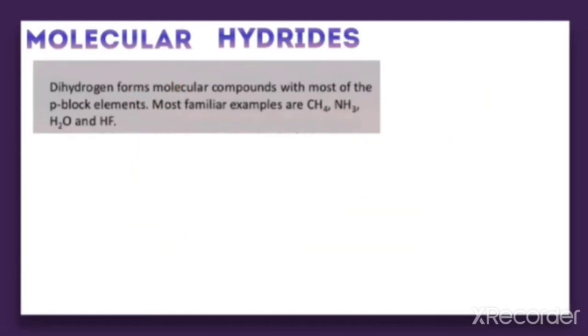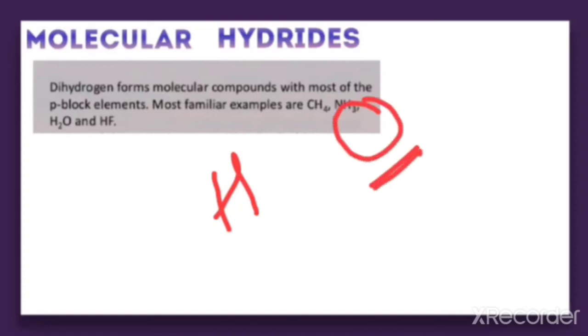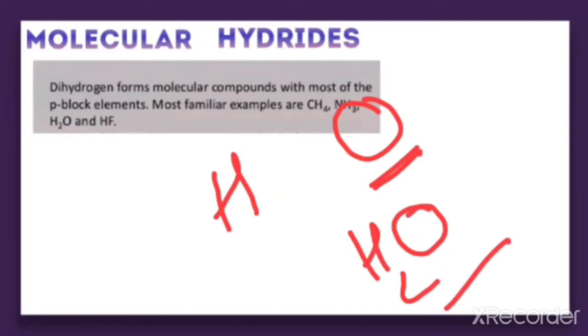Take one example here: hydrogen reacting with oxygen. Oxygen is a member of the P block elements, and this combination results in the formula H2O. So H2O is a hydride of oxygen, which we commonly call water. Which type of hydride is this?